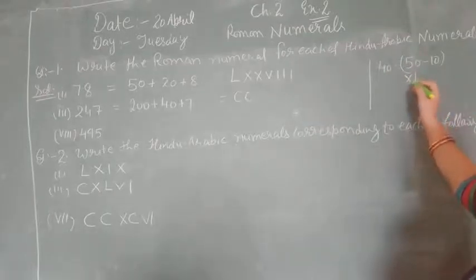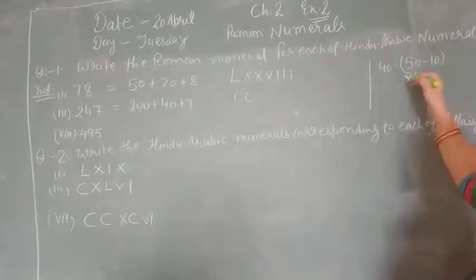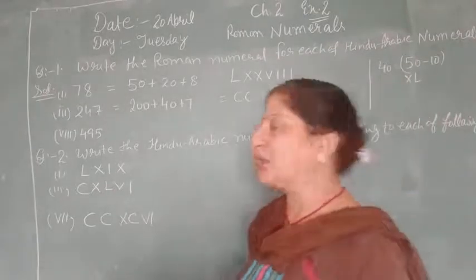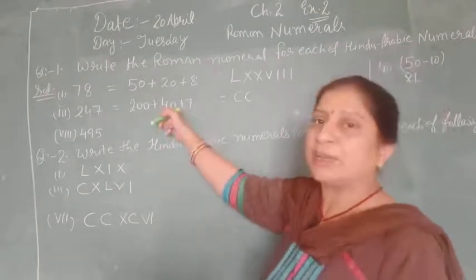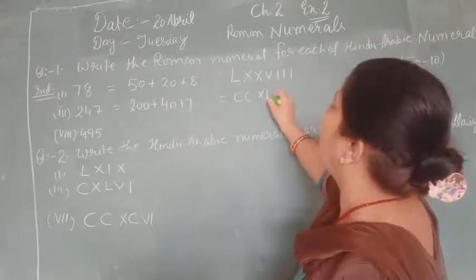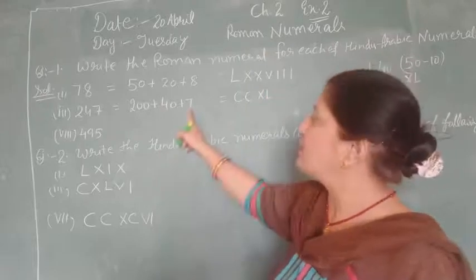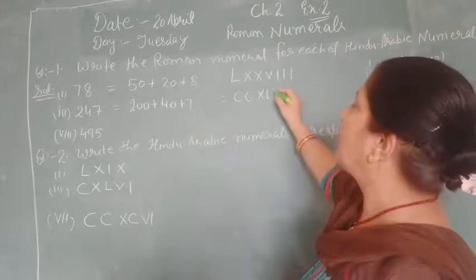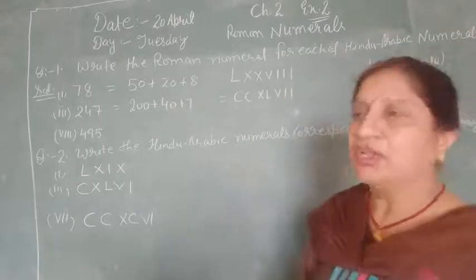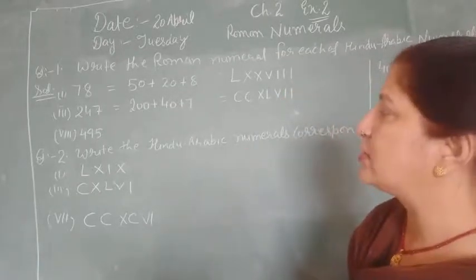When we write a smaller number on the left side of the bigger number, then the numbers are subtracted. It means that in place of 40 we write XL. Now our next number is 7, and we write 7 as V, I and I. So this is our answer.